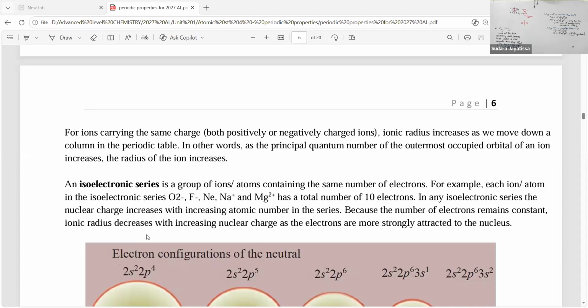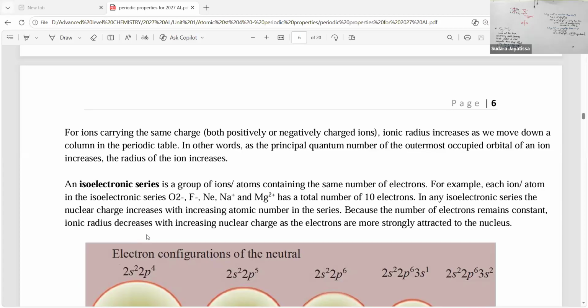Last week we used the word Z, no? That Z is also increased. Because the number of electrons remains constant, the ionic radius decreases with the increasing nuclear charge, as the electrons are more strongly attracted to the nucleus. Underline that last sentence. Highlight that last sentence.